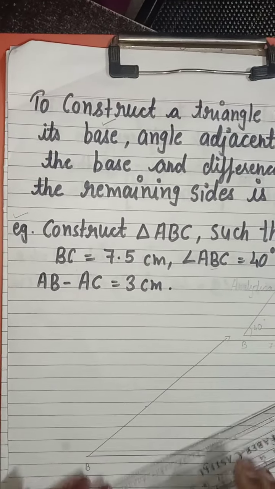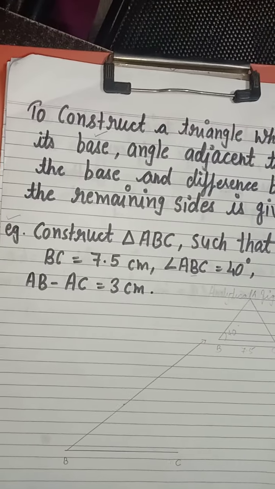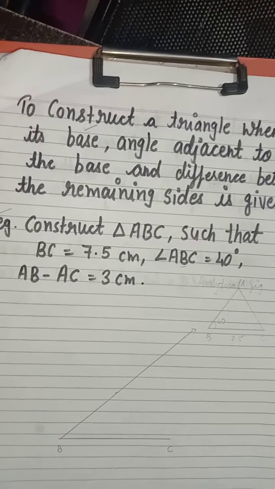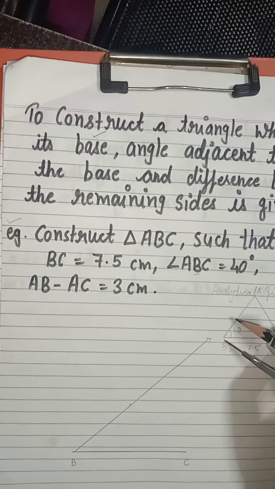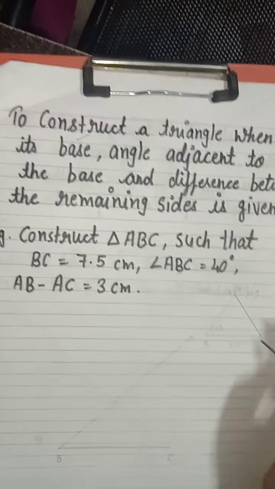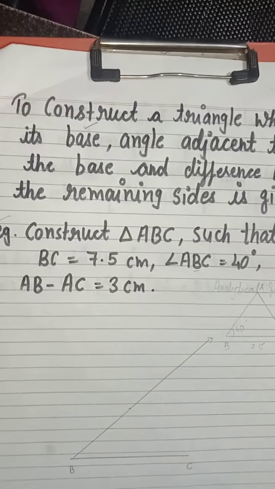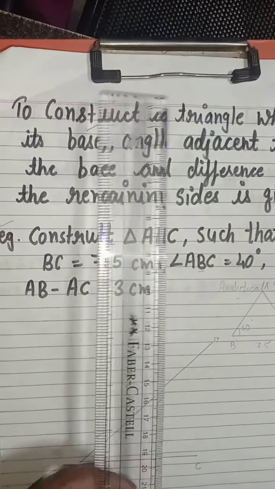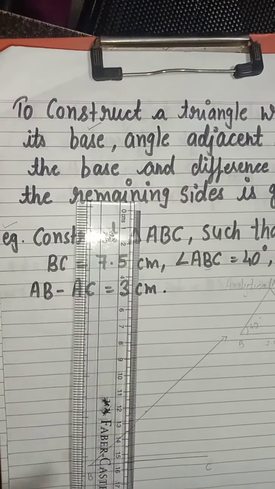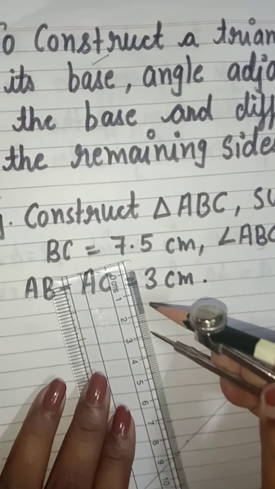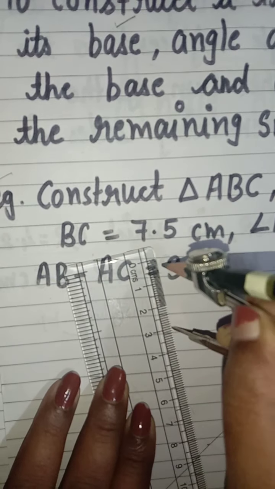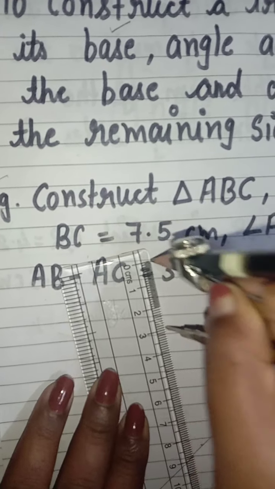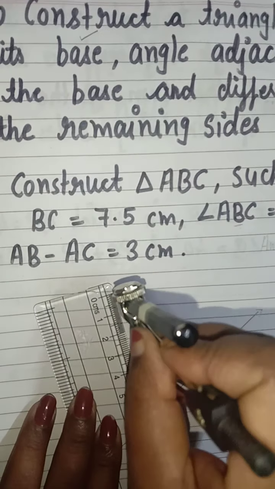Now after that, look here, AB minus AC is given. How much? 3 centimeter. So I will take AB minus AC as 3 centimeter.